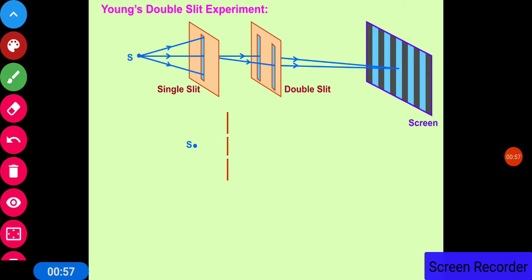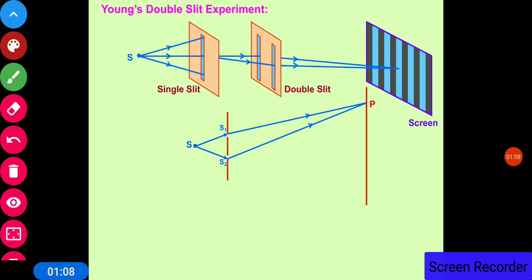So S is the source, and S1, S2 are the two sources made from a single source. The light from the two sources S1 and S2 comes and meets at point P. Let us think that P is a point on the screen at which the two wavefronts coming from S1 and S2 are interfering.